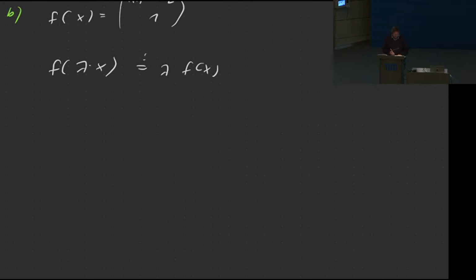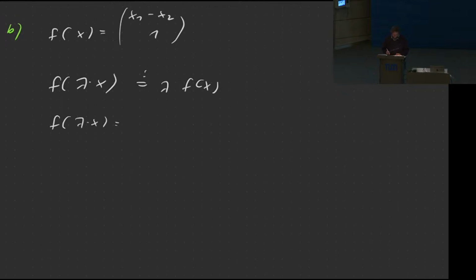Well, is that the case? Let's see. If you compute f of lambda x, that's the same thing as f of lambda x1, lambda x2, lambda x3. And if we use this definition here, that means for x1 we have to substitute this, and for x2 we have to substitute this, right? First coordinate, second coordinate of the input. So we get lambda x1 minus lambda x2 and 1.